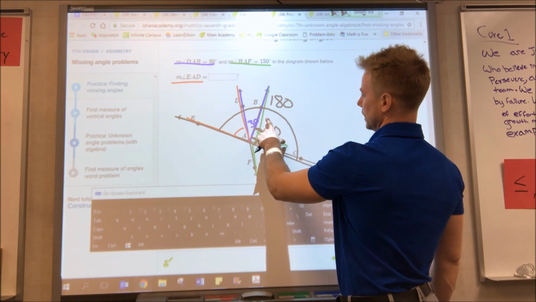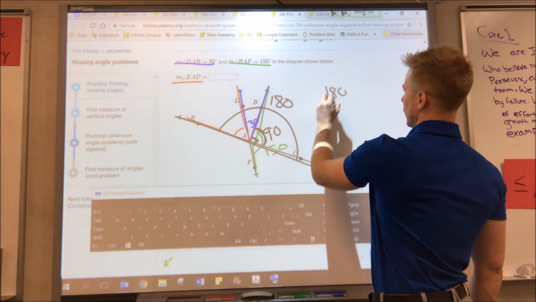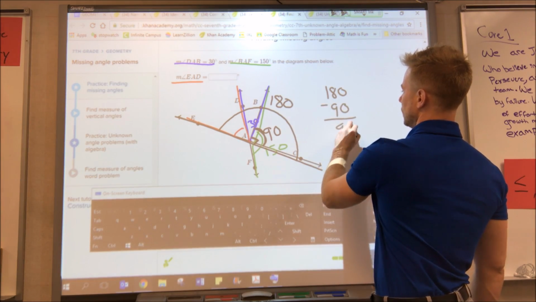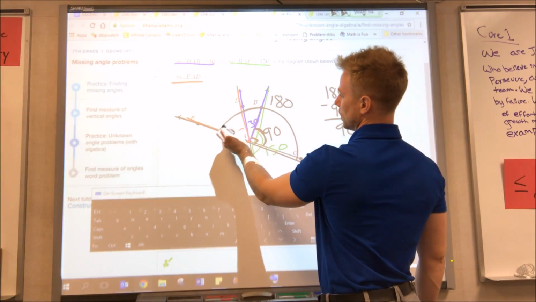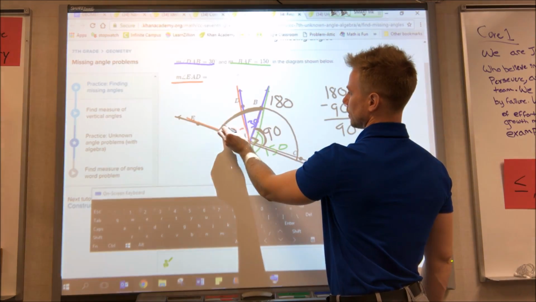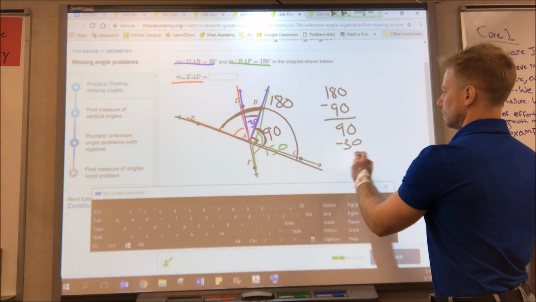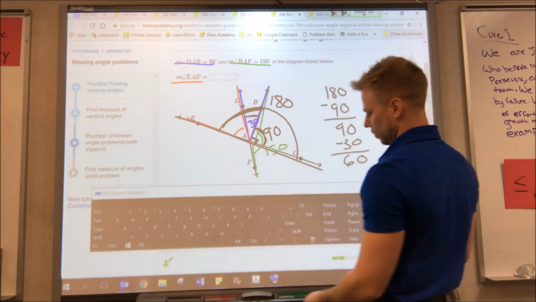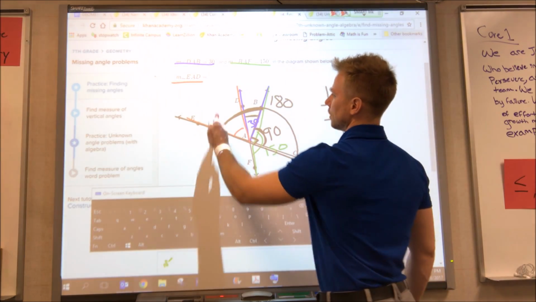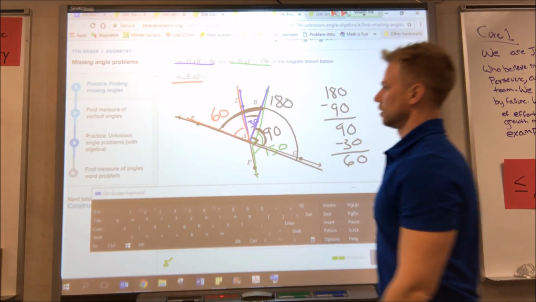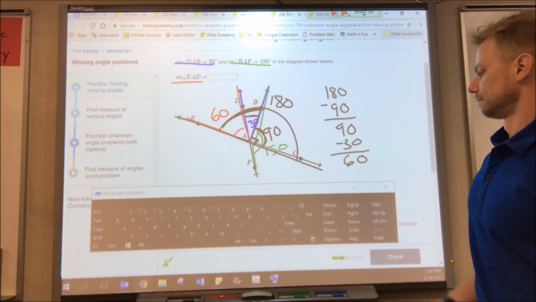So if this much is 90, we can do 180 minus 90, which leaves us with 90 for these two angles over here. I already know this much is 30, so I subtract another 30, and that leaves me with just 60 for EAD right there. Okay?